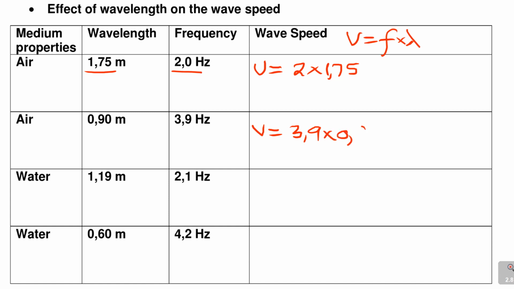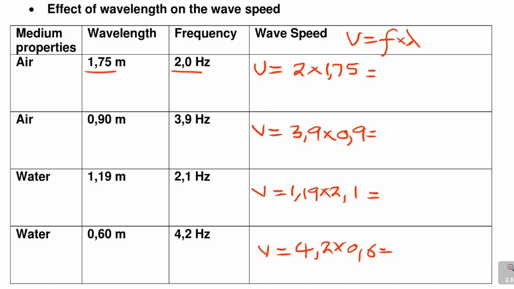For the other one, v is 1,19 times 2,1, and for the last, 4,2 times 0,6. Let's see what it gives us. Look at the answers here. Remember, velocity is measured in meters per second, so don't lose that.